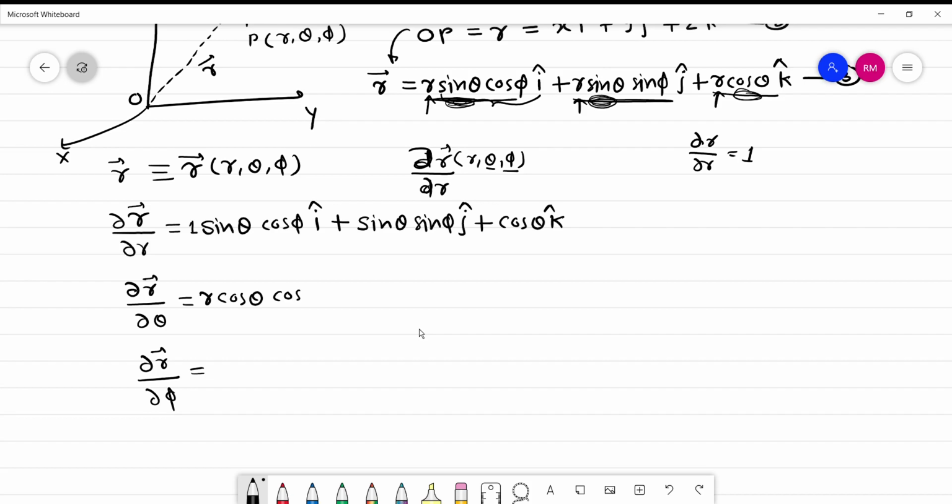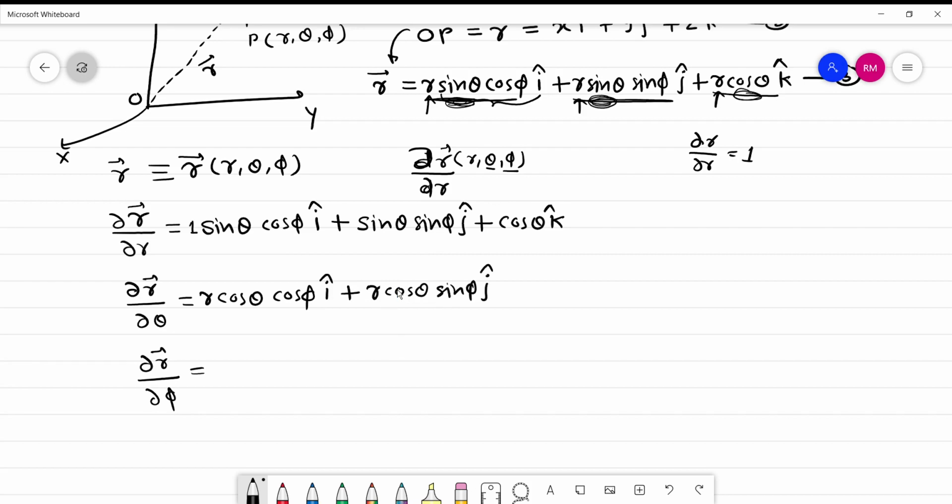Cos phi will be constant because it does not contain theta, and then there will be i cap plus r, derivative of sine theta will be cos theta. So okay, let us not put a bracket. That will be cos theta, and then sine phi is a constant, j cap.